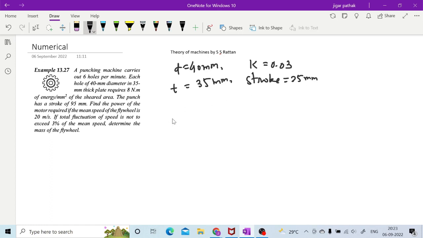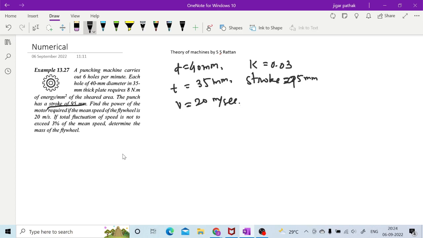Right, so this is how you have some of the data provided. Sorry, 95 mm is the stroke. Here it is given, right? Stroke of 95 mm. Right, then V is given as 20 meter per second.